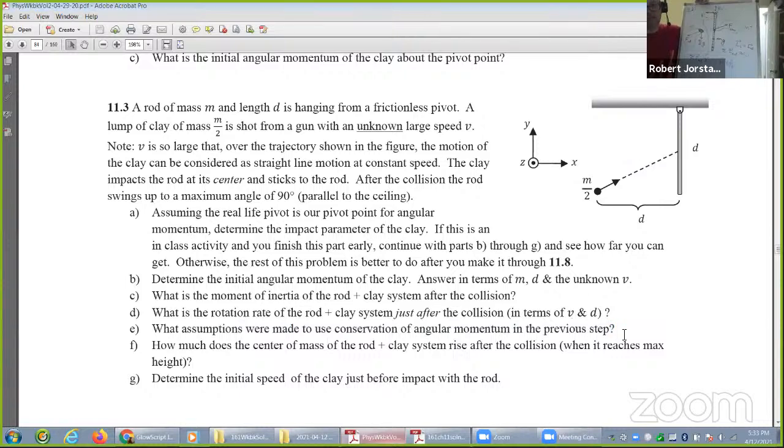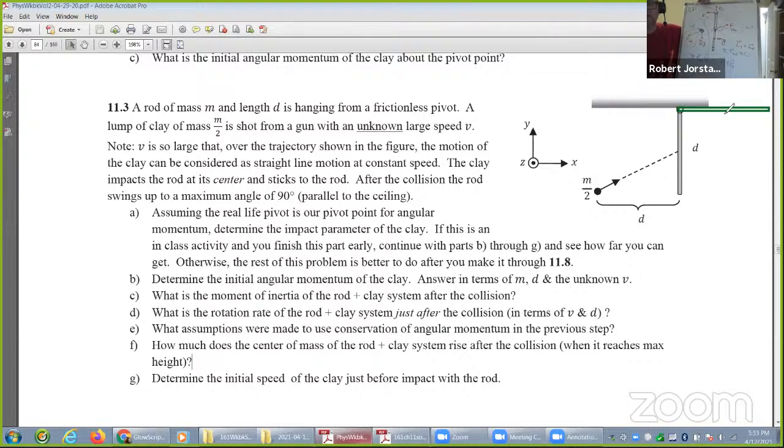Finally, let's get back to here. That was the assumptions I made to use conservation of angular momentum. How much does the center of mass of the rod rise after the collision? The rod goes there.